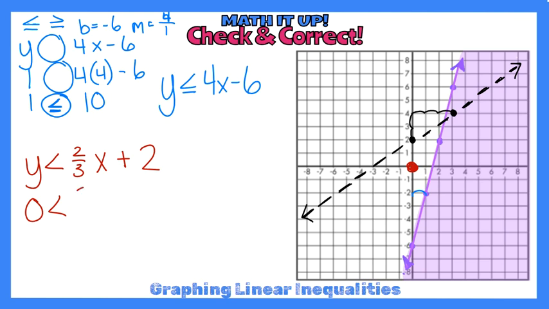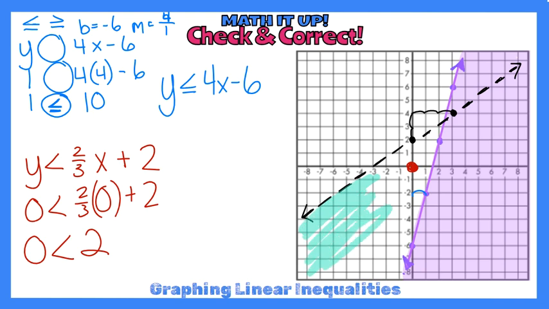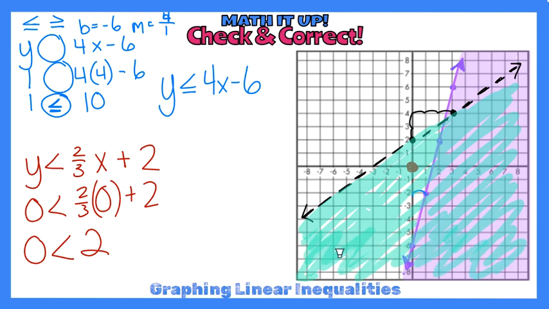So 0 here, 0 here. So is 0 less than 2? It is. And that tells me that this side of my line is my solution. So this would all be part of the solution here.